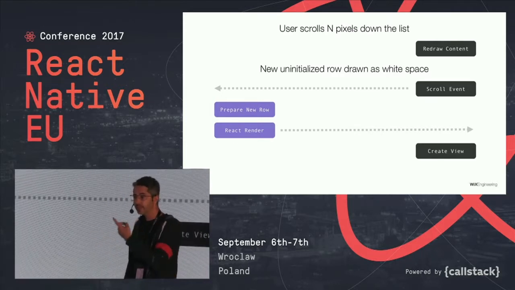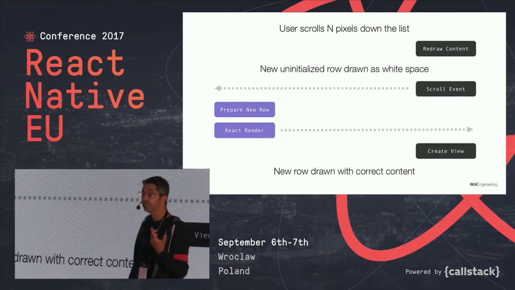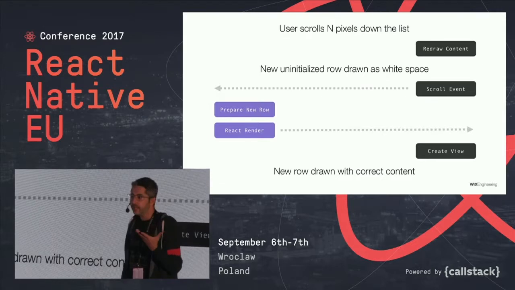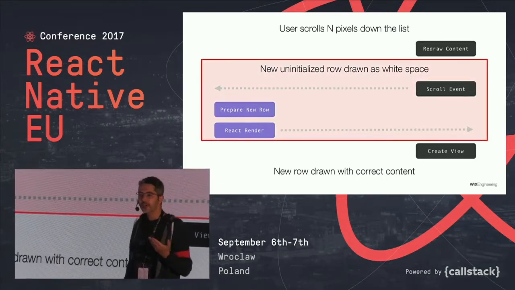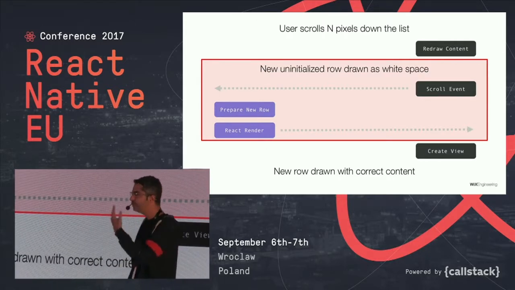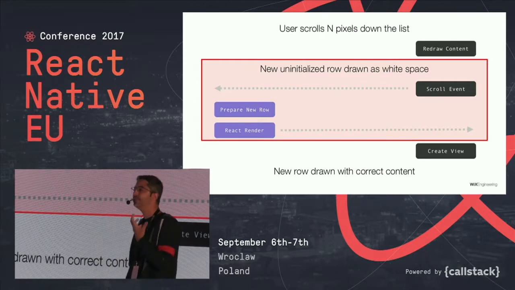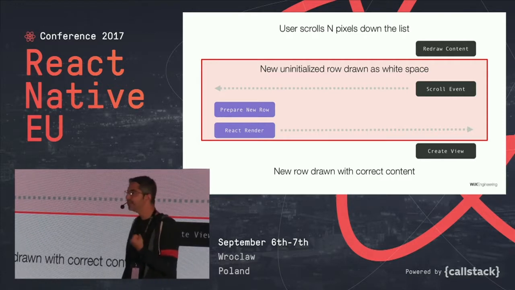And only then the native views are created for the row, and the new row is drawn with the correct content. So if we look at this very complicated process and we highlight this part, this is the flicker that we're talking about. This is the white part that takes a while to disappear. And the user can notice it because it's not immediate. We have overhead here that can take a few milliseconds. And this is an inherent thing.